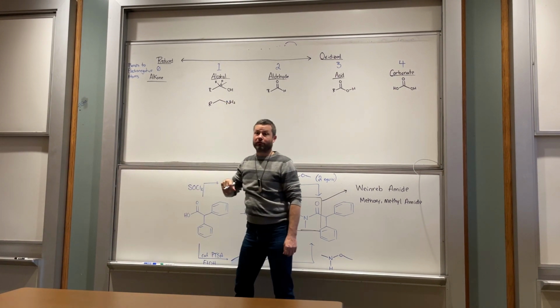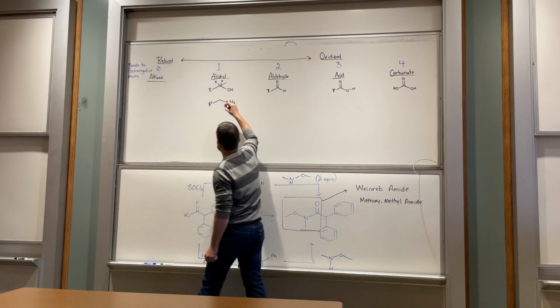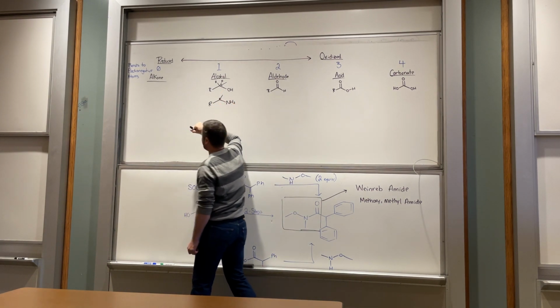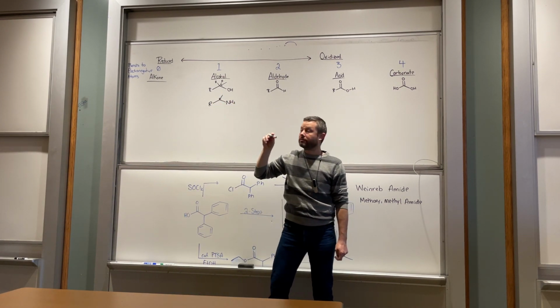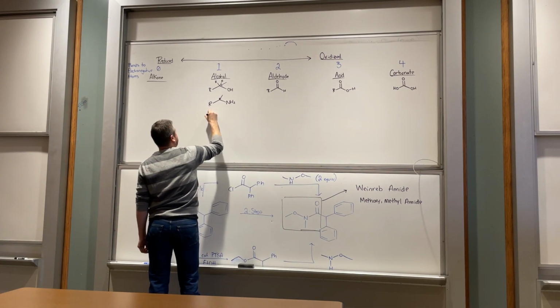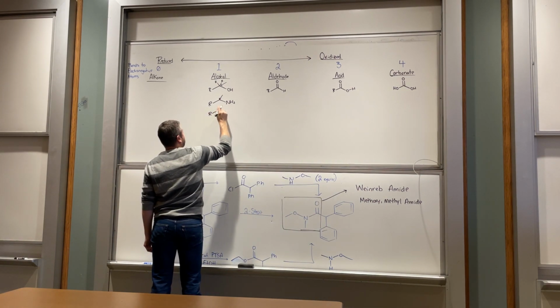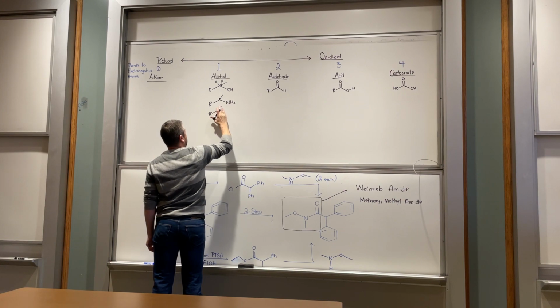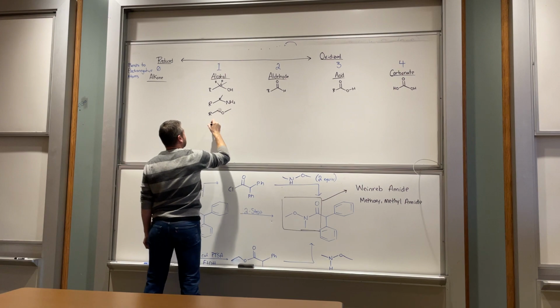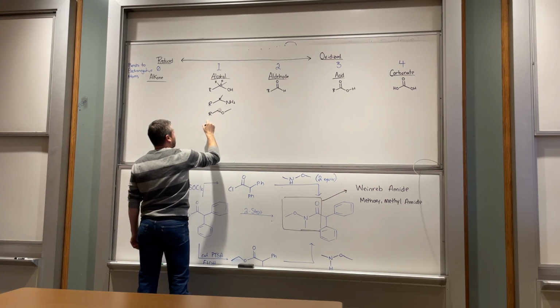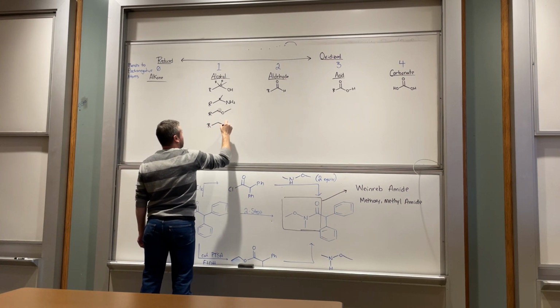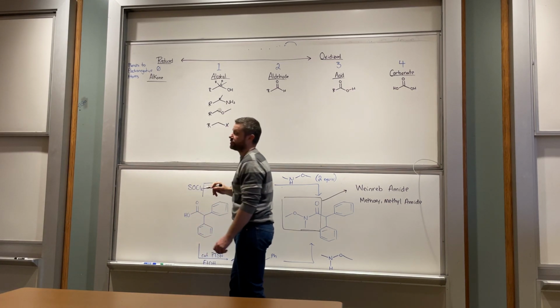Well, amine would fall under that same oxidation state, because again, we have a carbon with one bond to a more electronegative atom. Ethers would fall under the same oxidation state. Alkyl chlorides or halides would fall under the same oxidation state.